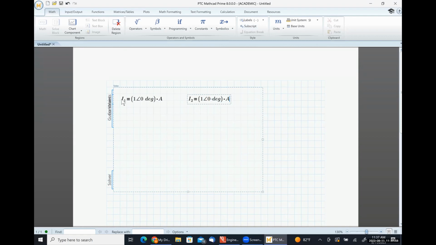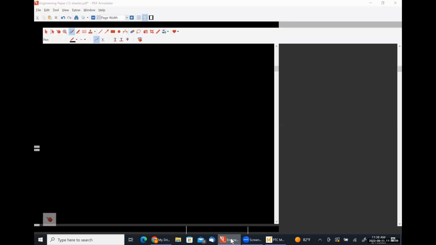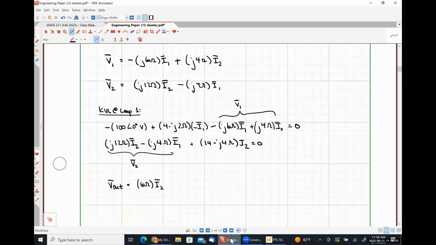Now, realistically, since we're going to wind up using a computer solver for this anyway, we could have literally just said, well, we have this equation for V1, this equation for V2, and then we have this other equation plus V1, V2 plus this thing, and we could solve it as a system of equations.